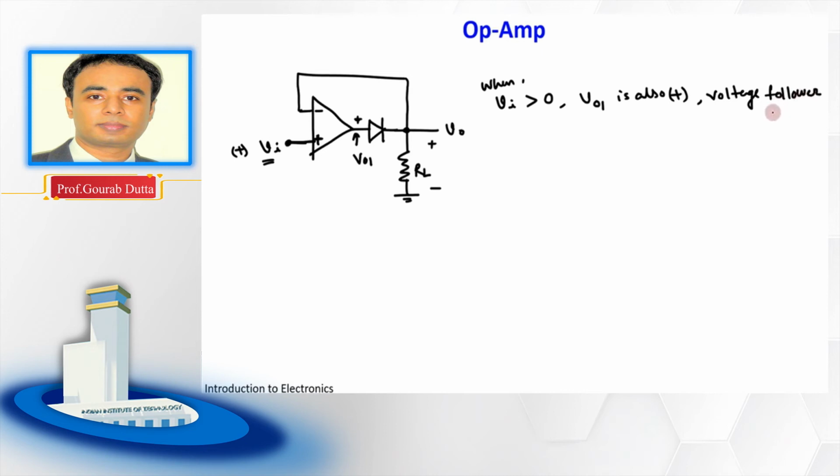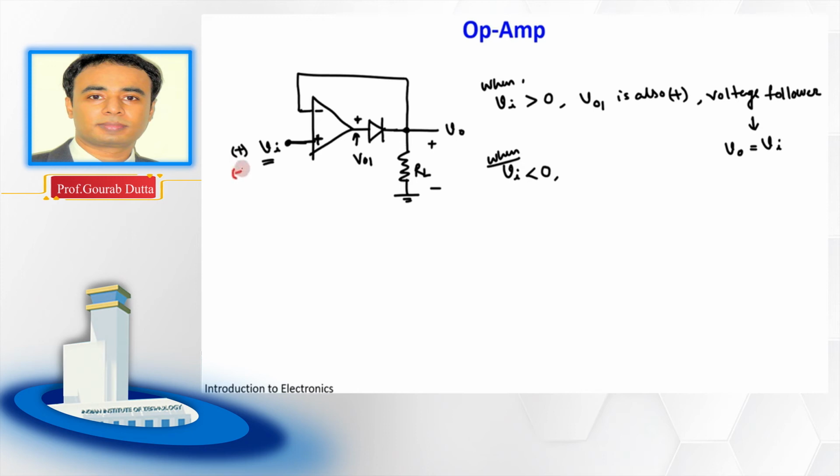When it is acting as a voltage follower, the output voltage will be the same as the input voltage. Now consider if this Vi is less than 0, meaning if this Vi is negative, then what would happen?